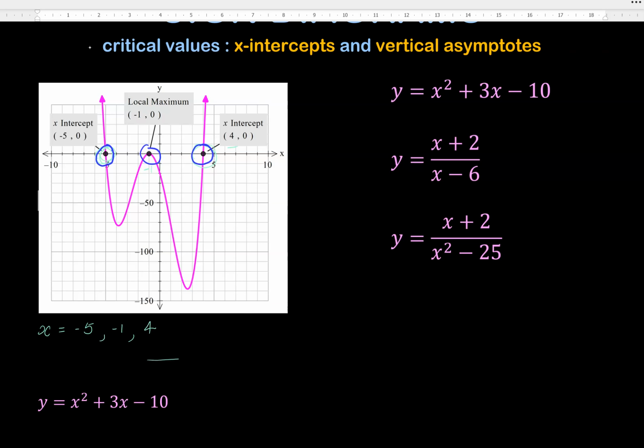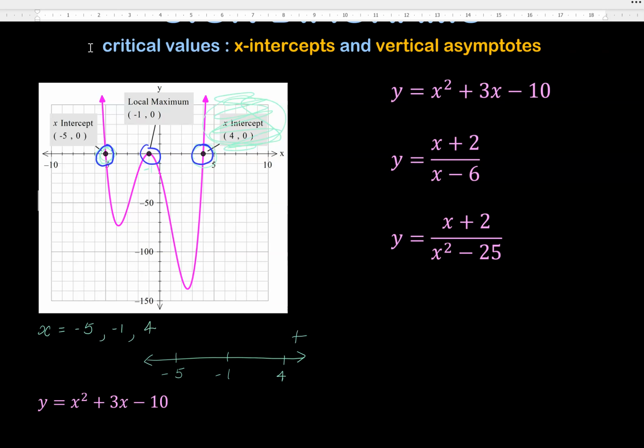So for your sign diagram, grab a ruler, pop your values on, make sure they are in order. They don't have to be drawn to scale, but keep it reasonable. Looking at this side of the 4, which corresponds to this area here, you can see pretty clearly that all the y values from that point on are positive.